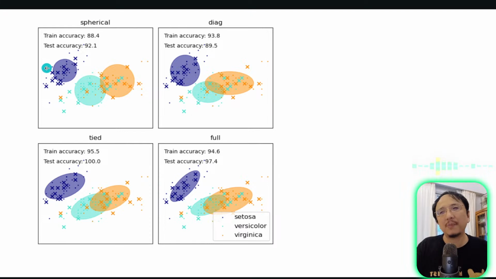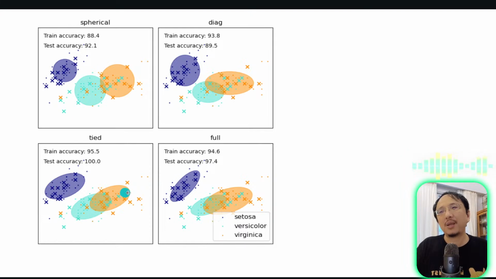We can assume each of the Gaussians is spherical, that is, x and y are independent and have the same standard deviation. Or we can assume x and y are independent, but they are allowed to have different standard deviations.